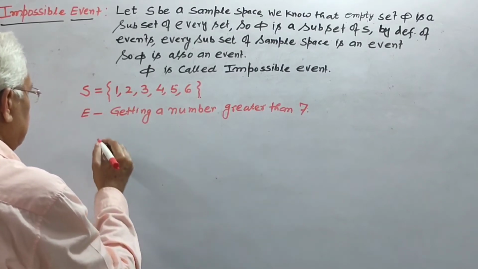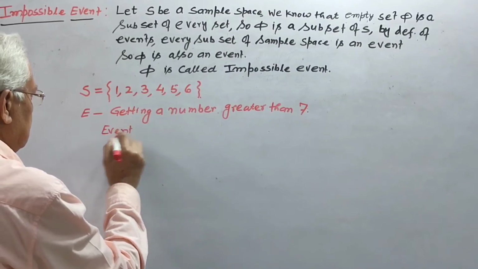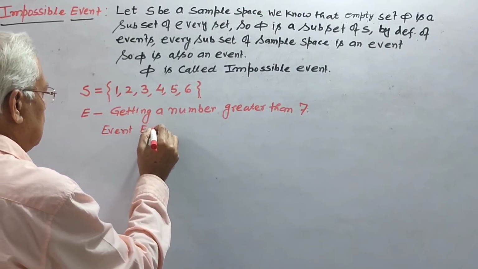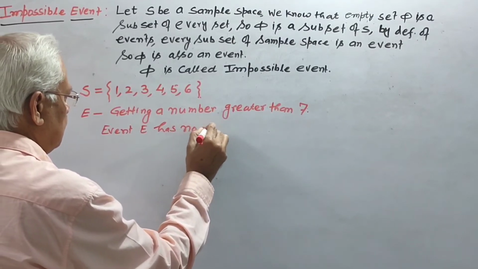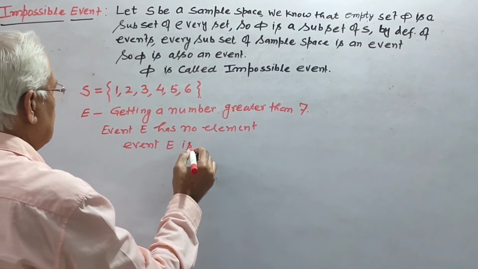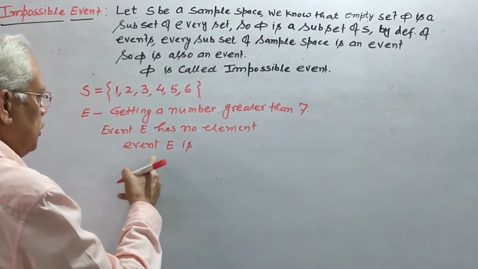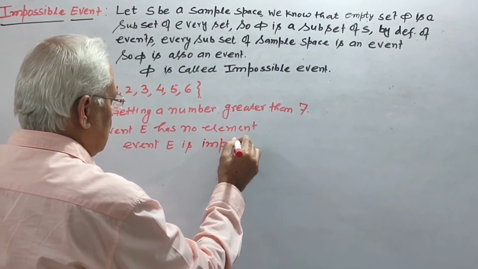Clearly, event E has no element. So event E here is an impossible event.